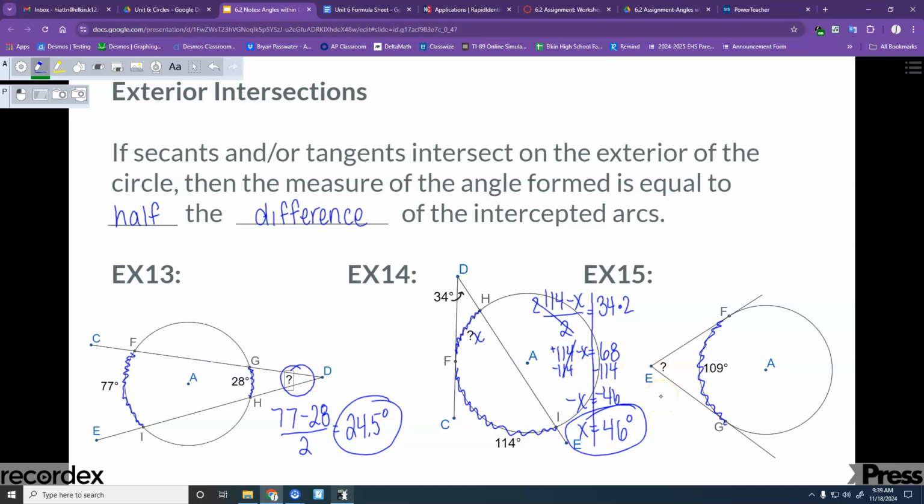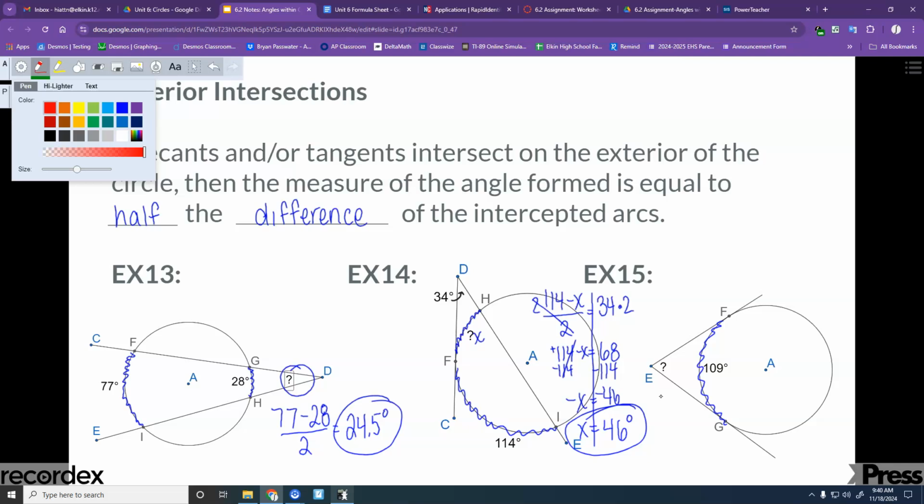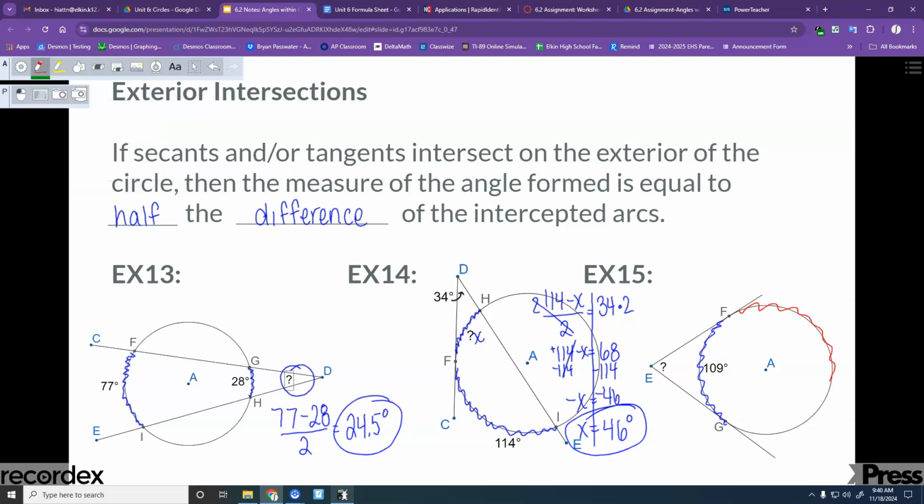But in this case, since that's 2 tangent lines, the big arc that we need is the rest of the circle, right? So we could do 360 minus 109, and what does that give us? 251. Okay, so this angle is 251.